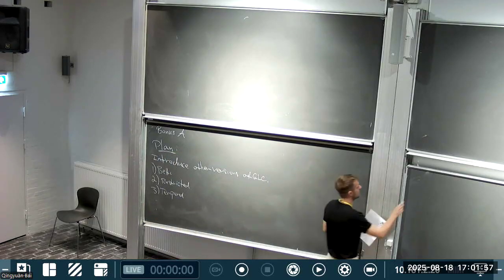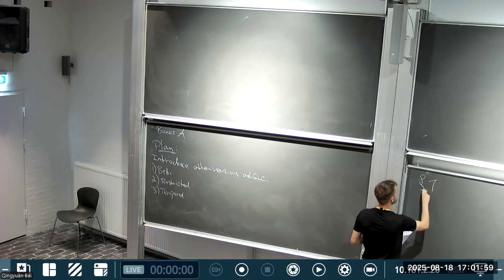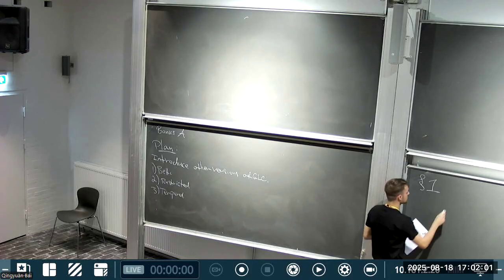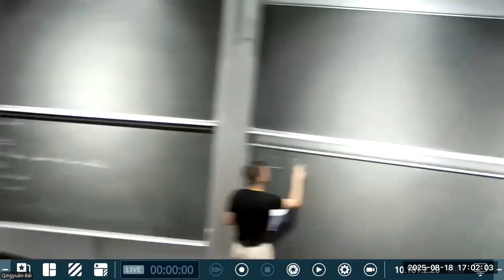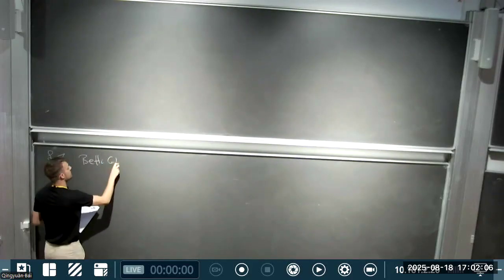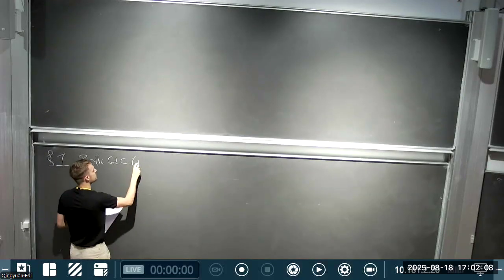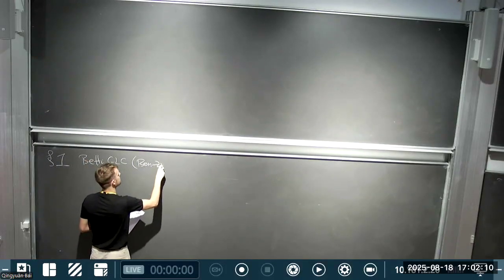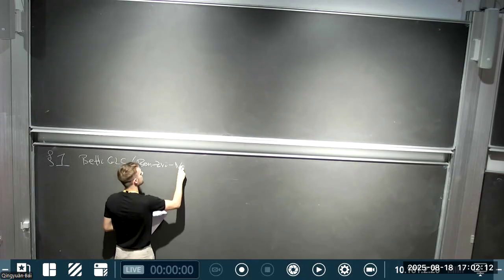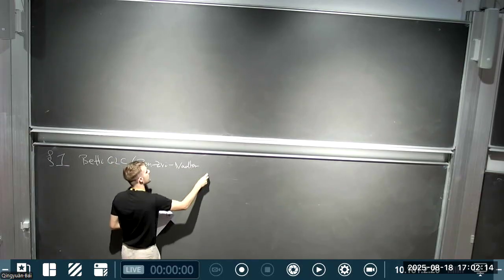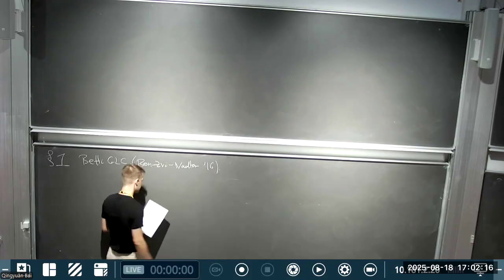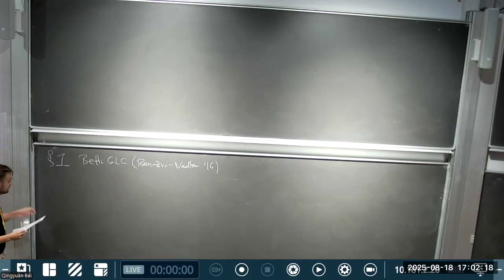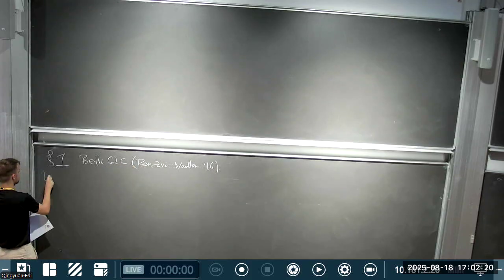So start with the Betti version. The Betti geometric Langlands conjecture was introduced by Ben-Zvi and Nadler in 2016. The setup is as follows.